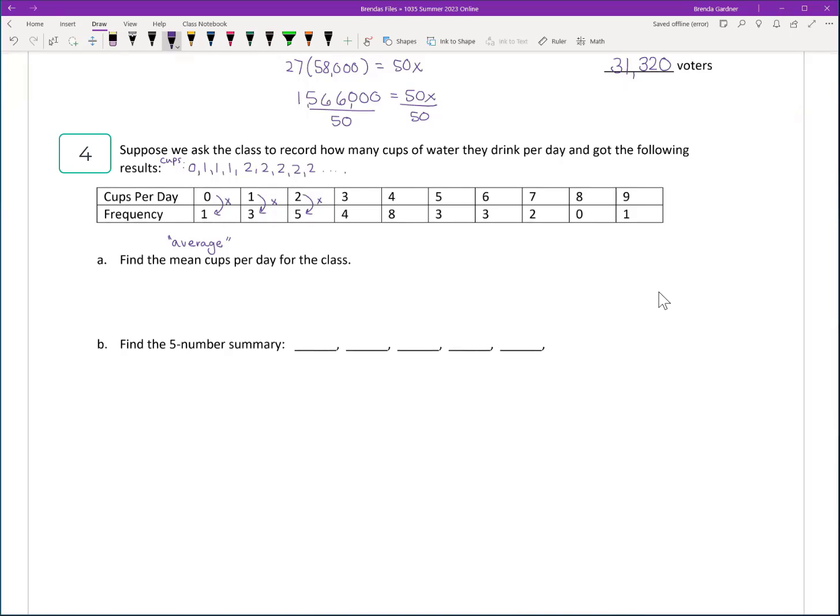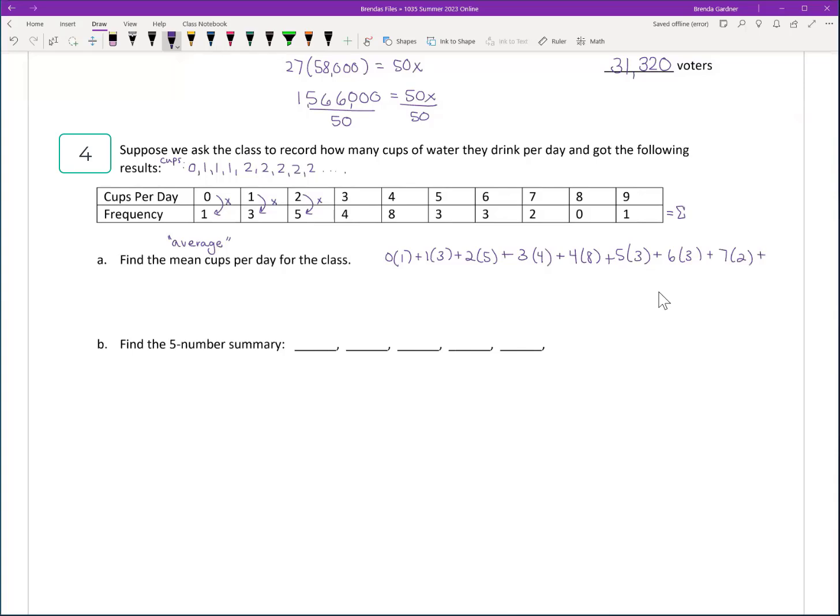And then we're going to divide by the sum of the frequency. So I'm going to take 0 times 1 plus 1 times 3 plus 2 times 5 plus 3 times 4 plus 4 times 8 plus 5 times 3 plus 6 times 3, etc. 7 times 2. So it's a long one.